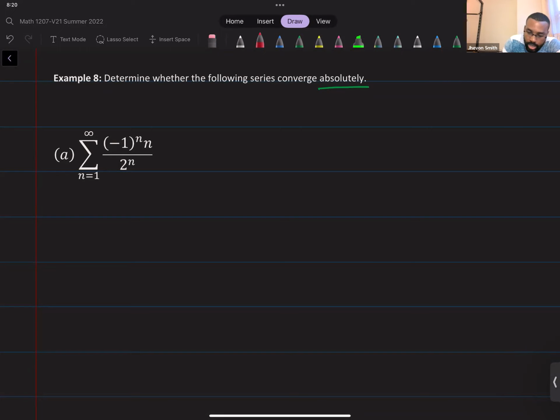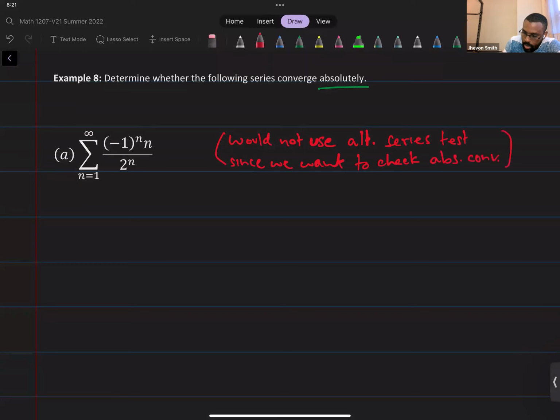So while this is alternating, I would not use the alternating series test, because we want to check absolute convergence. So that's the first thing.